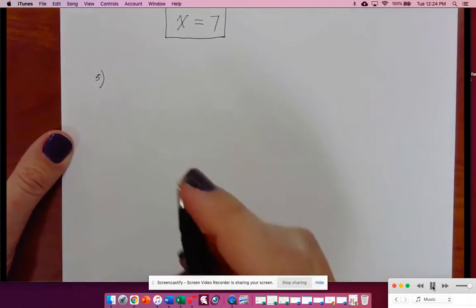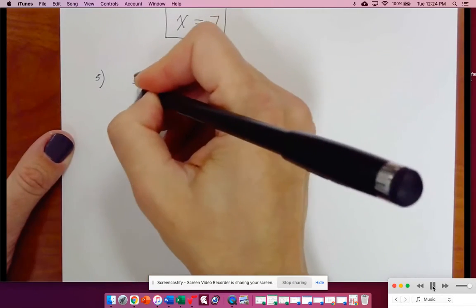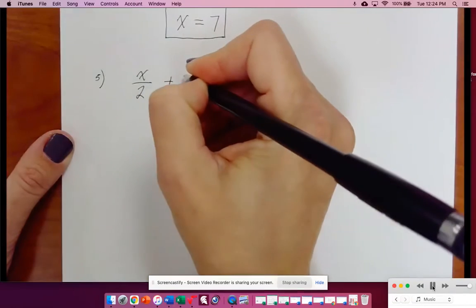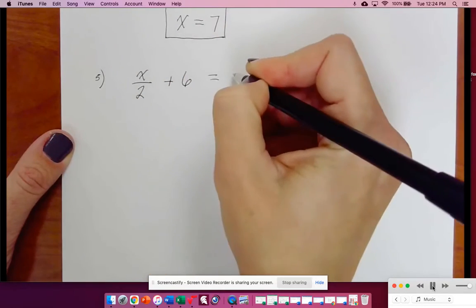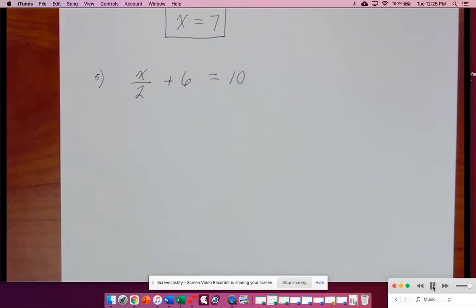Let's do x over 2 plus 6 equals 10. All right, what would you do first? Well, you would try to get rid of that plus 6. So let's subtract 6.